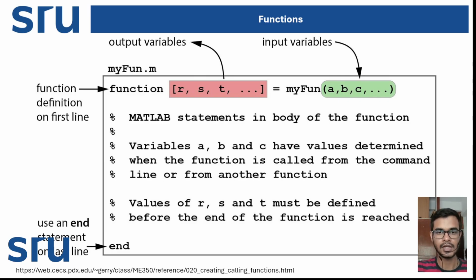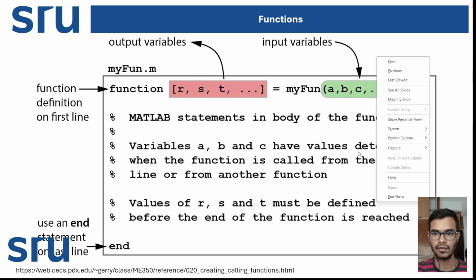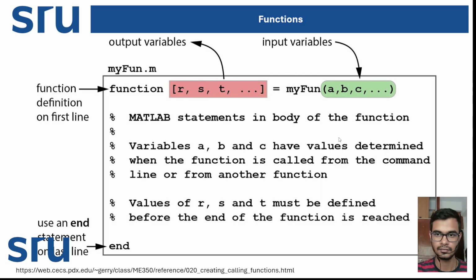This image shows that the number of input variables may be more than one. On the right-hand side, you can see the number of input variables is more than one, and the number of output variables can also be more than one in a single function.